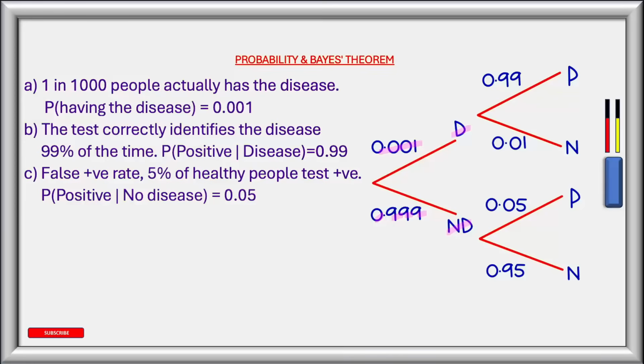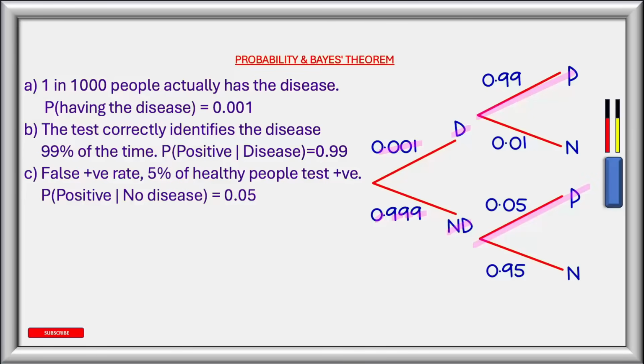So the probability of testing positive, given that we have the disease, is 0.99. So this branch here. And we're also told that there's a false positive rate of 5%. So 5% of people test positive even though they do not have the disease. And so the probability of testing positive, given that the person is healthy, so without the disease, is 0.05.